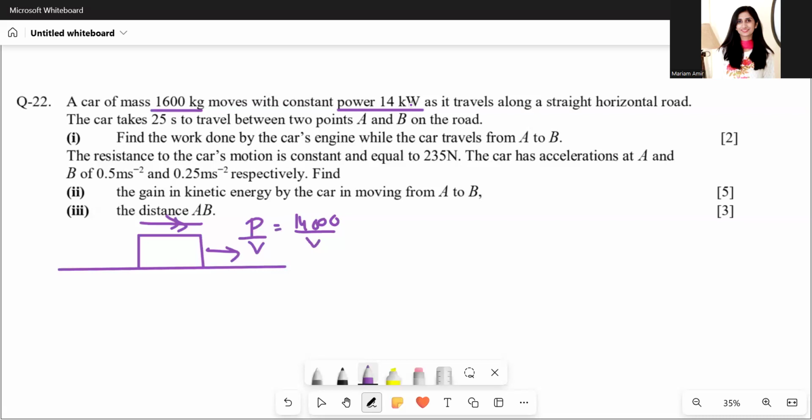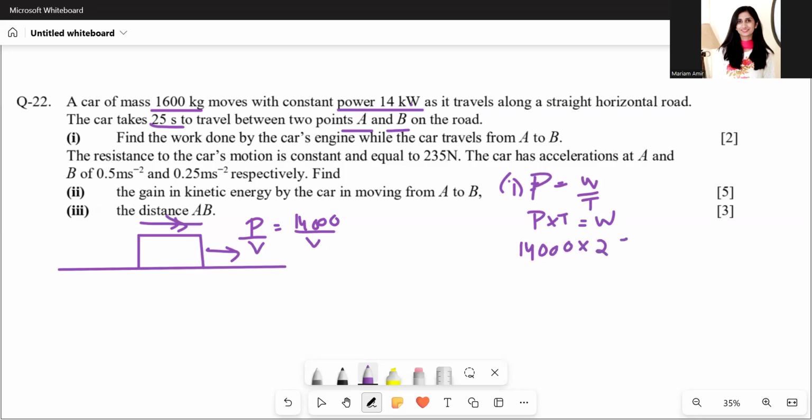Next, it says that the car takes 25 seconds to travel from point A to B. Find the work done by the car engine while the car travels from A to B. The formula for power is equal to work done over time taken. So power into time would be work. Power is 14,000.